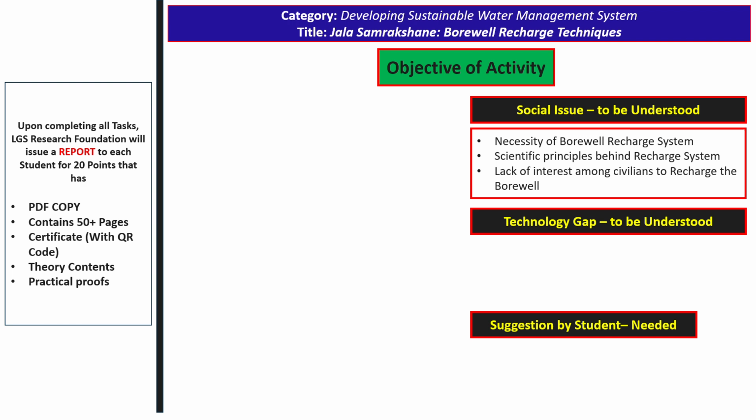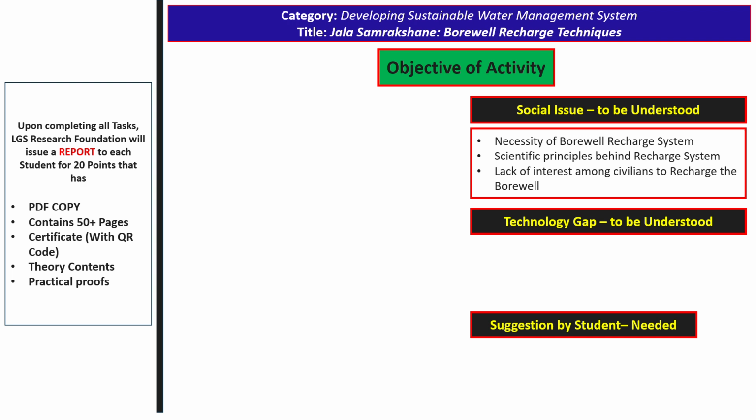So whichever borewell point is there is not being recharged with water, and our groundwater table will go low. The government has come up with measures and schemes to make sure farmers especially adopt the borewell recharge techniques so that the groundwater table will be enhanced year on year.